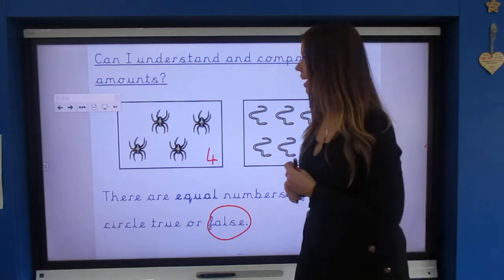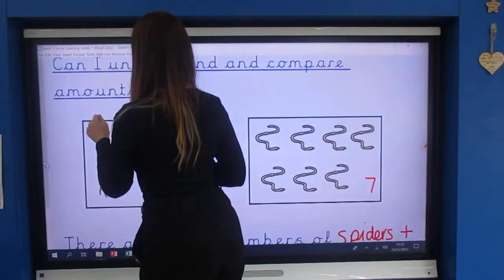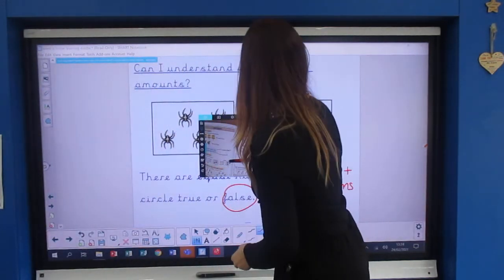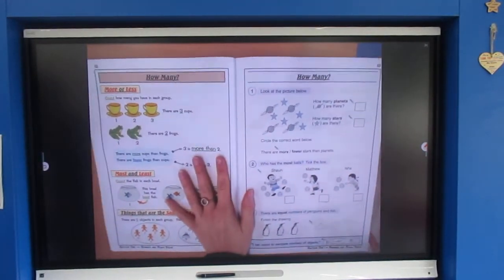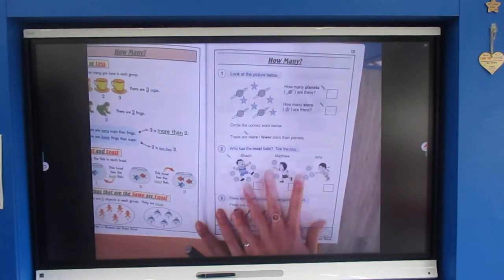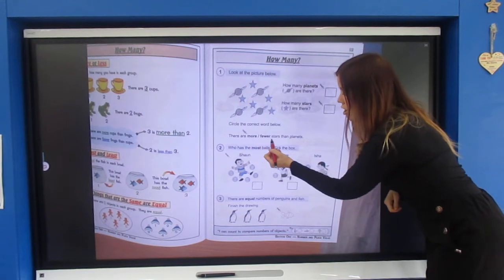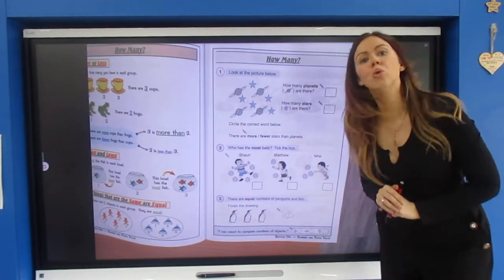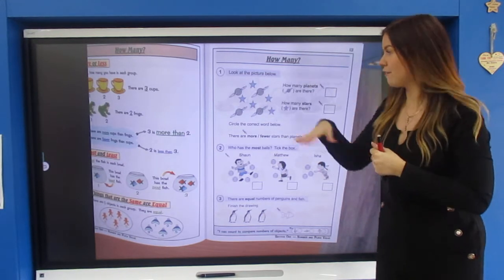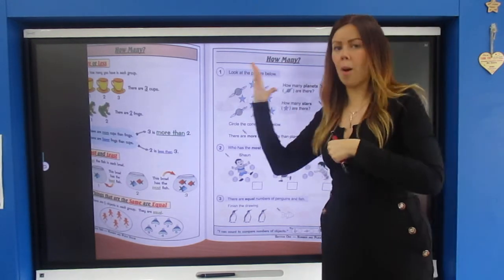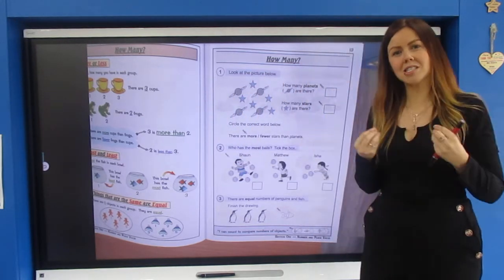Okay, so on your page today, this page here is to help you, and these are your questions. And remember, look for the words more, fewer, most, equals, the words that we've just really explored together to find out which ones have got more, fewer, most, less, equals, and understanding that language.